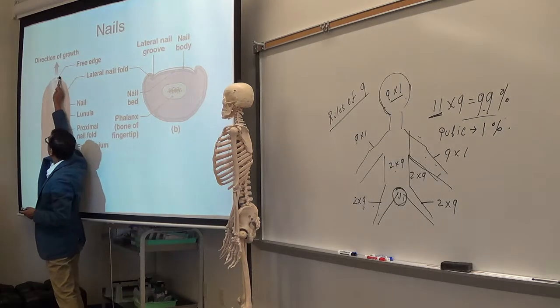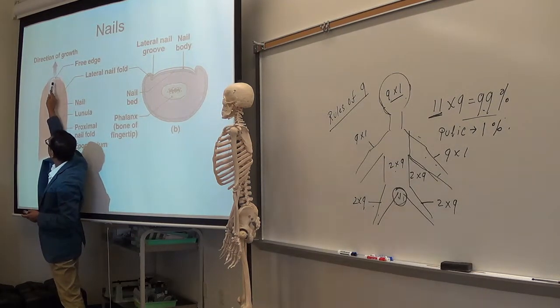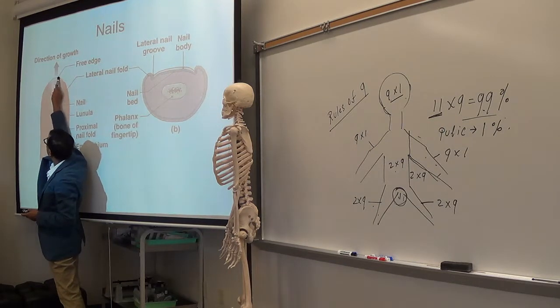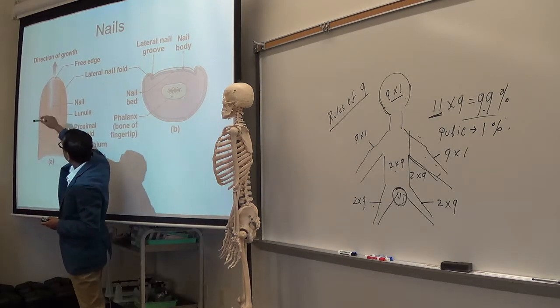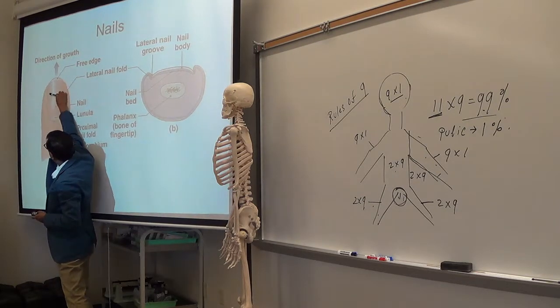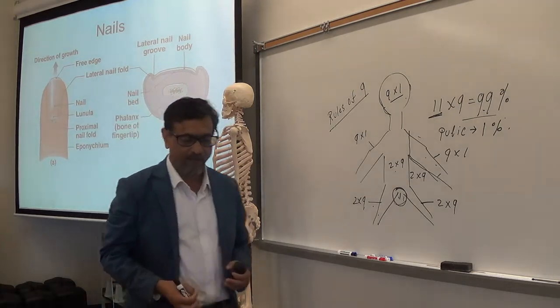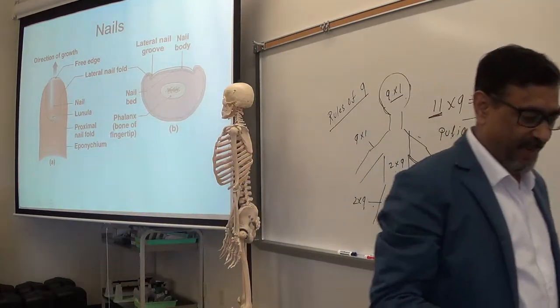The most distal part that is not supported by underlying tissue is the free edge, and the part that rests on the tissue, which is called the nail bed, is the body part. So body part rests on the bed.